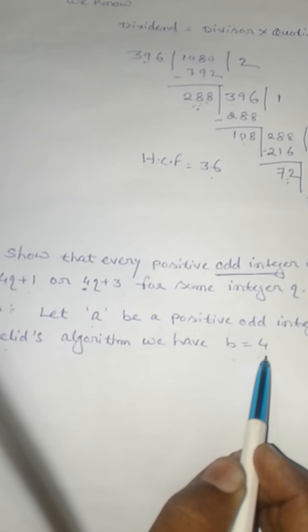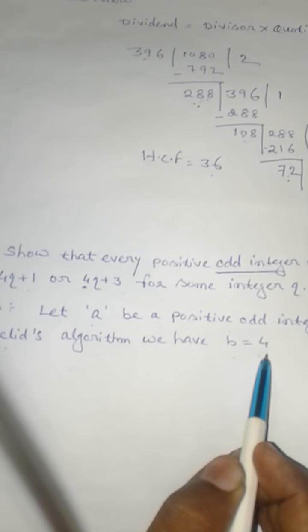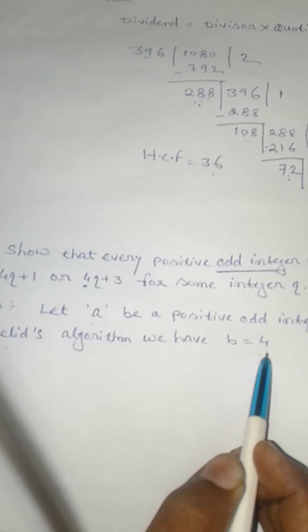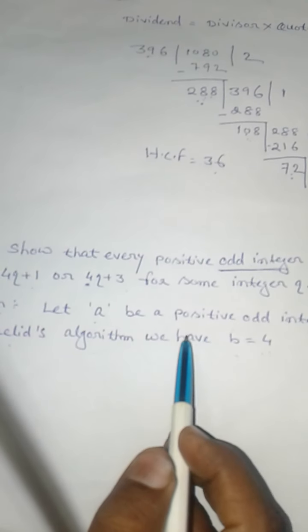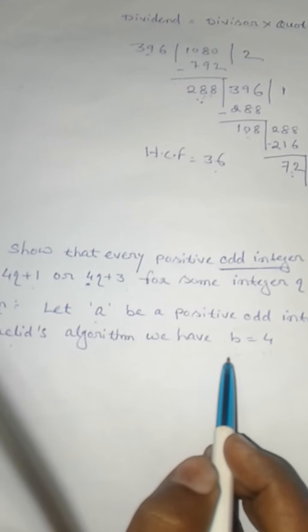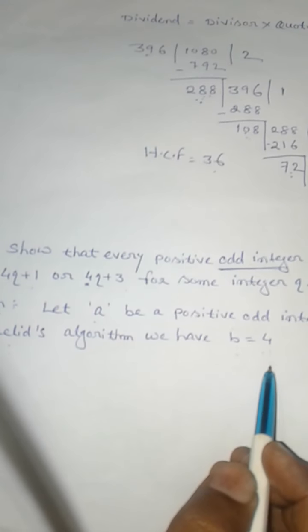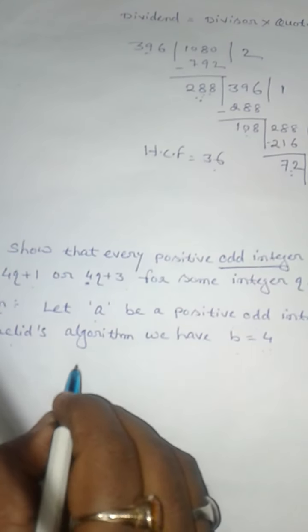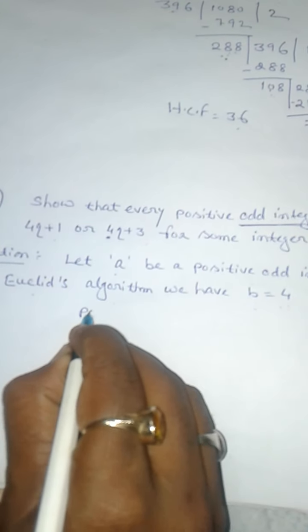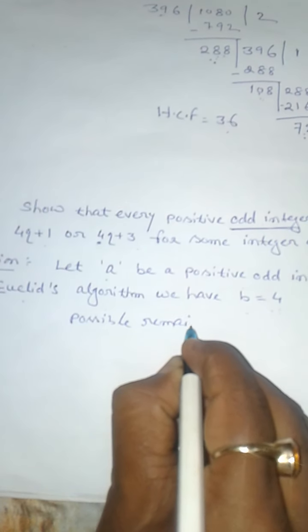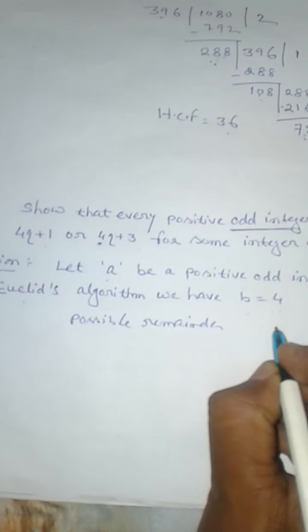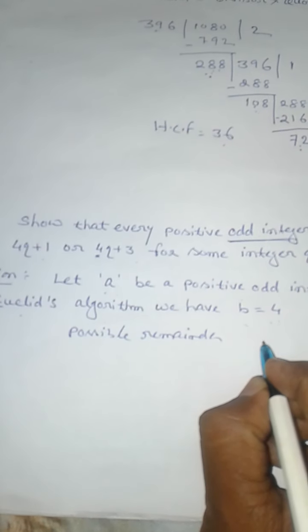As we know, our remainder is always less than the divisor, so the possible remainder in this case may be 0, 1, 2 or 3. What is the range of the possible remainder?